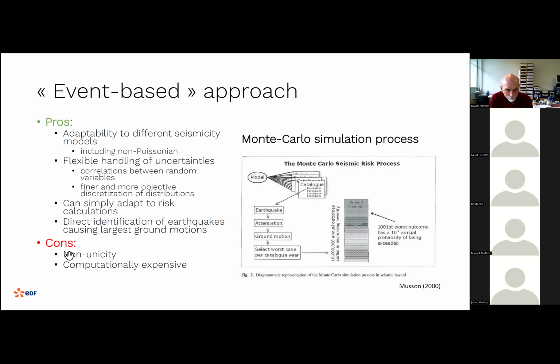So there are some pros and cons of this approach, but among the pros, it's worth mentioning that this can help adapting to different seismicity models. And actually, this can be a way to include non-Poissonian seismicity in your PSHA. It presents also a very flexible way to handle uncertainties, in particular correlated uncertainties between random variables, because there are many quantities that are probably correlated, and it's not easily integrable in the classical approach.